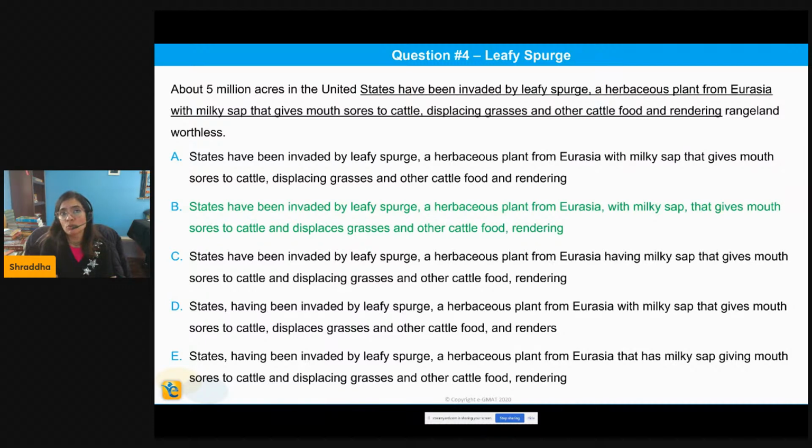If you really want to ace this particular modifier, this is the way you should be thinking about it, and not taking help of other grammatical aspects in the sentence. Although all the sentences that we solved in this session today had other errors, that is a common thing to find with the official questions, because there are rarely sentences that will test you only on one singular grammar concept.